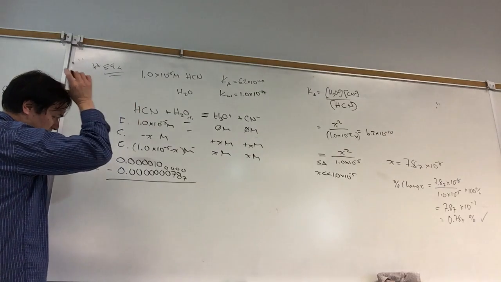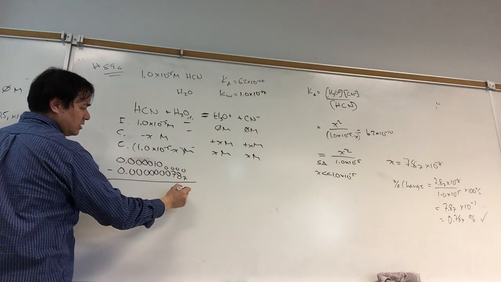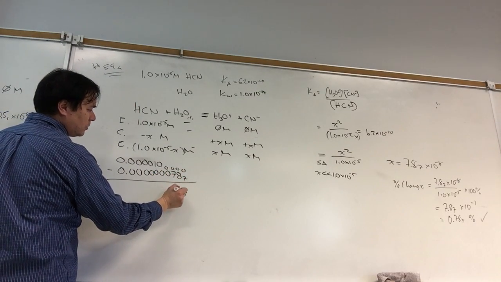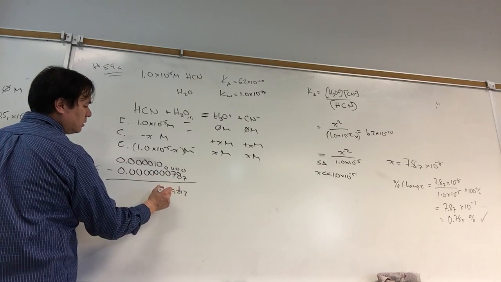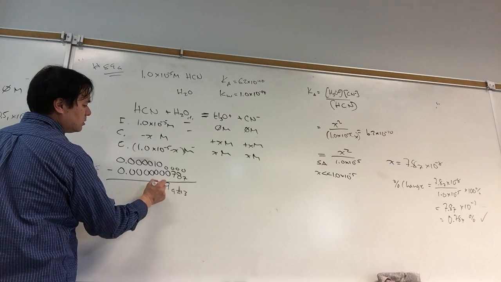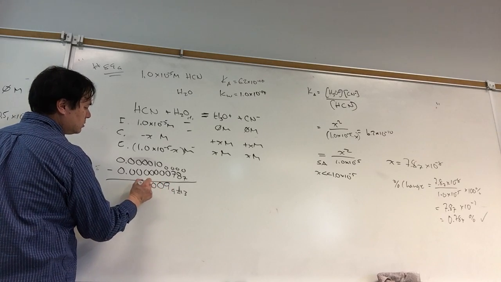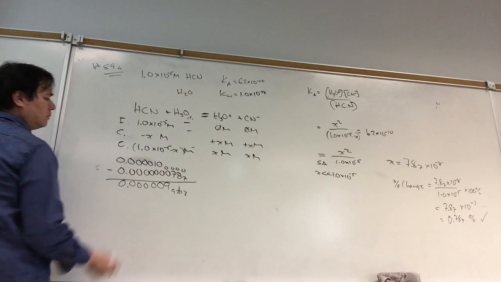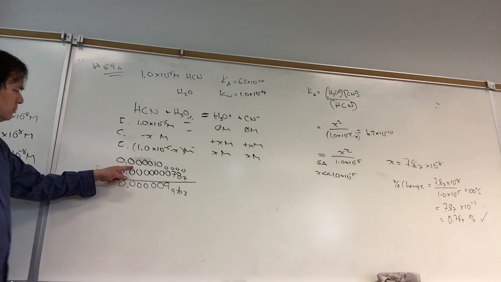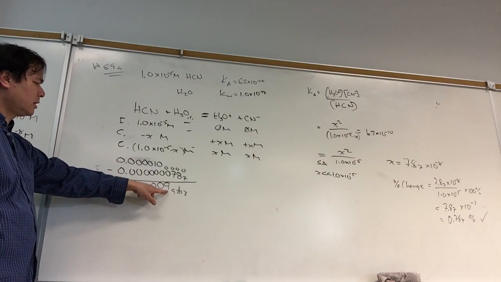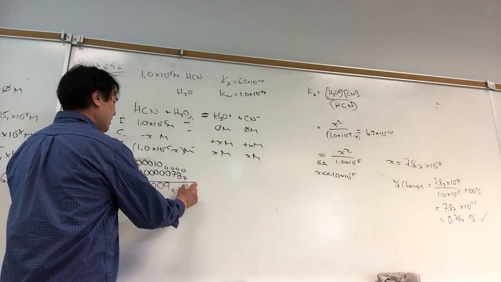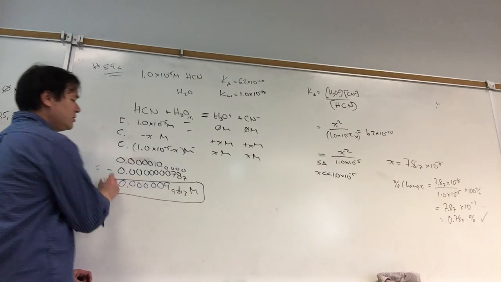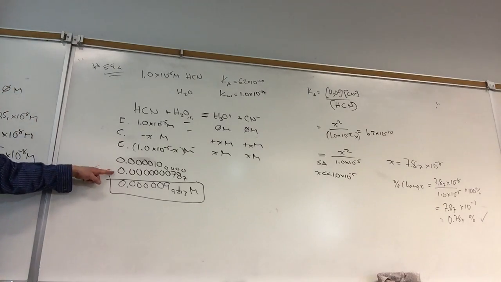Then do the subtraction. This is going to be 9, 9, 9, 0, 0, 0, 0, 5 zeros, 9. Does that look right? Did I lose that much? No, I didn't lose that much here.